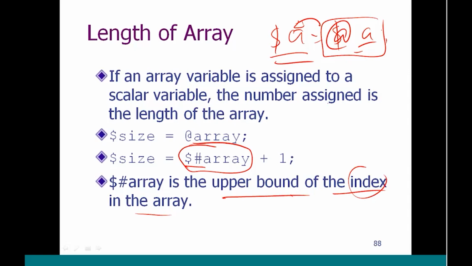So for example, $#A will hold the index of the last element. Typically the array goes from 0 to the index of the last element. So usually we want to add 1 to the last index to get the number of elements because it starts with 0.